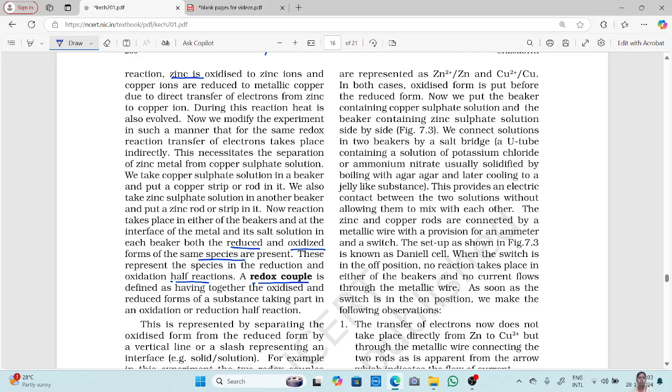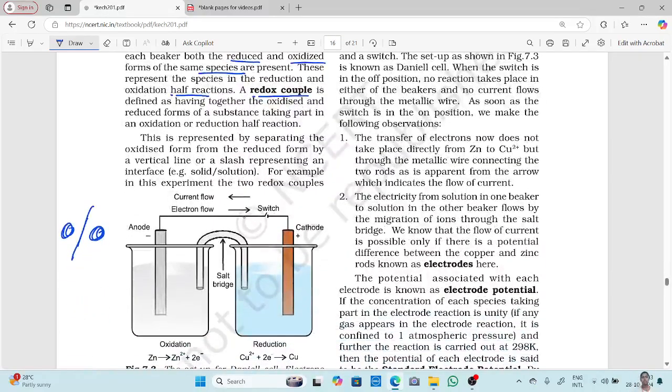Now we connect the solutions in the two beakers by a salt bridge, a U-tube containing a solution of potassium chloride or ammonium nitrate, usually solidified by boiling with agar-agar and later cooled into a jelly-like substance. Here you can see this U-shaped tube. This is called a salt bridge, and it is formed using either ammonium sulfate or potassium chloride.